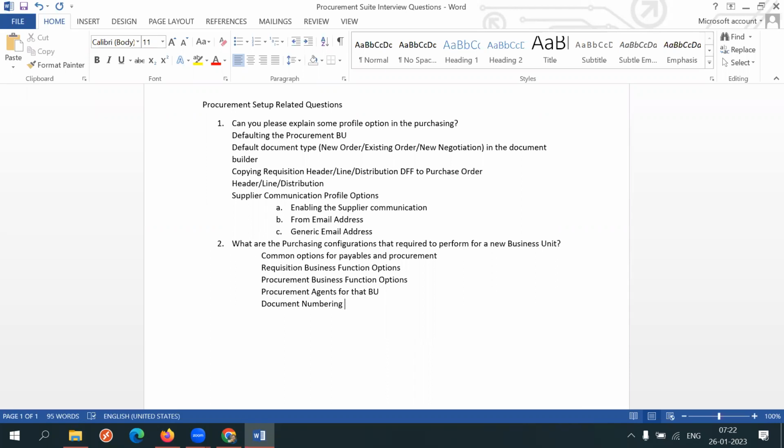Okay. Supplier. So what do you do at BU level for suppliers? Document numbering at supplier level. What is that, sir? Supplier numbers?